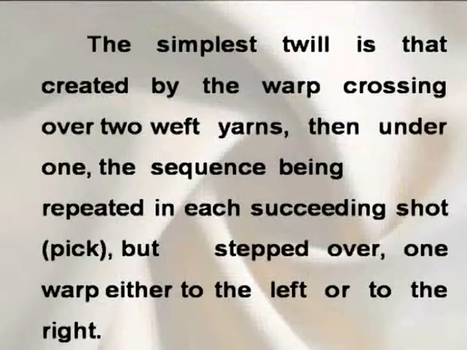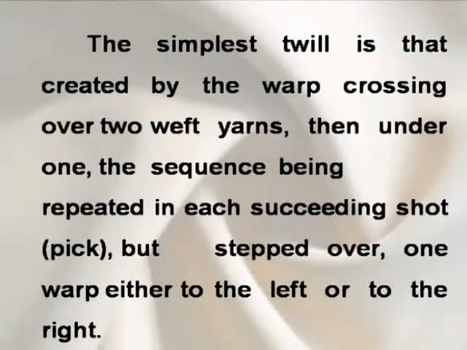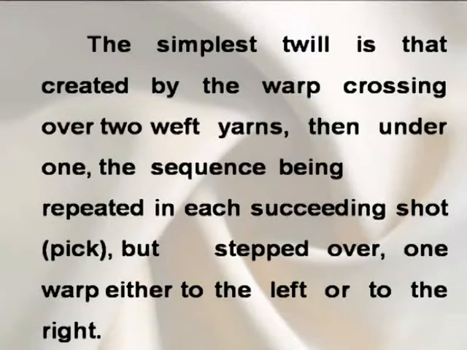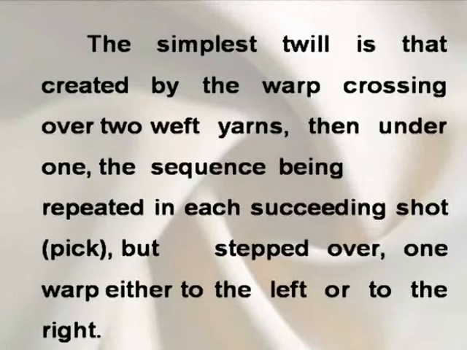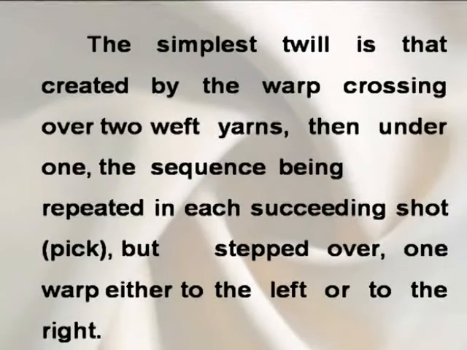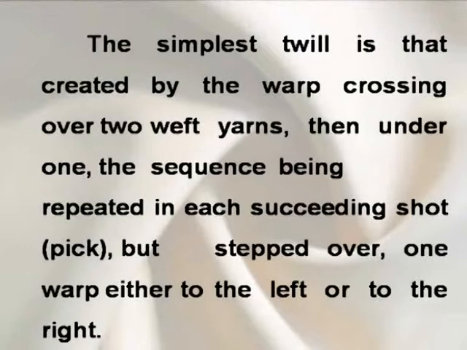The simplest twill is that created by the warp crossing over 2 weft yarns, then under one, the sequence being repeated in each succeeding shot, that is pick, but stepped over one warp either to the left or to the right.